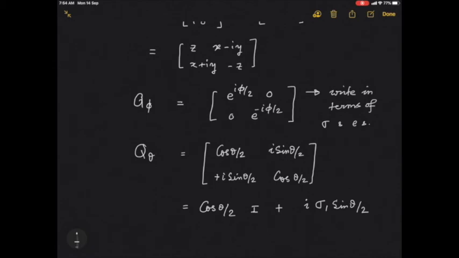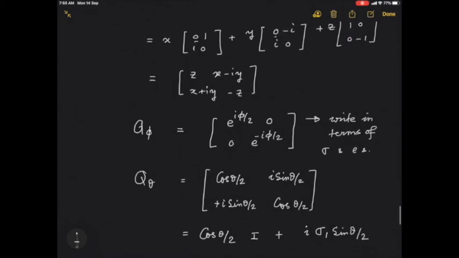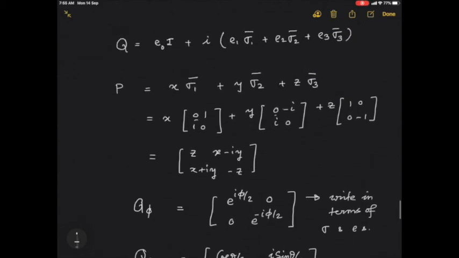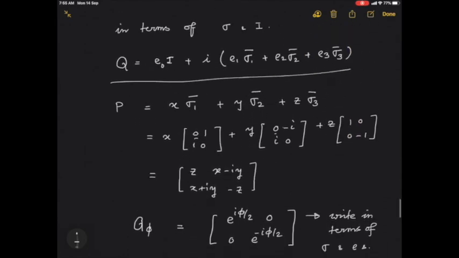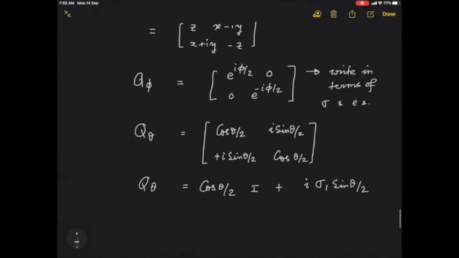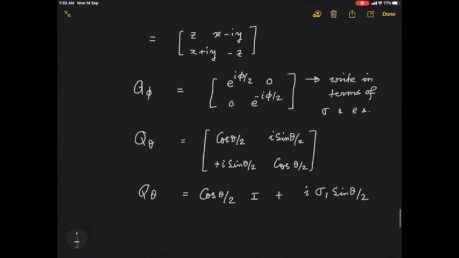Okay, now let me not go into more detail. You can see that if I compare Q theta with the definition of Q written here, it's clear that cos theta by 2 is E0 and sin theta by 2 is E1 in this particular case.